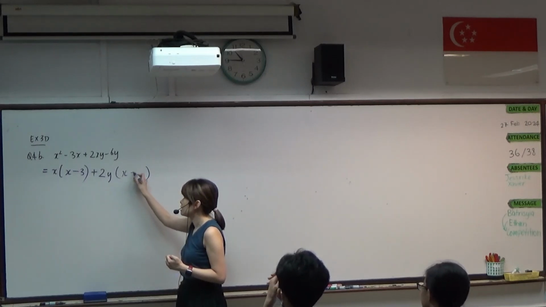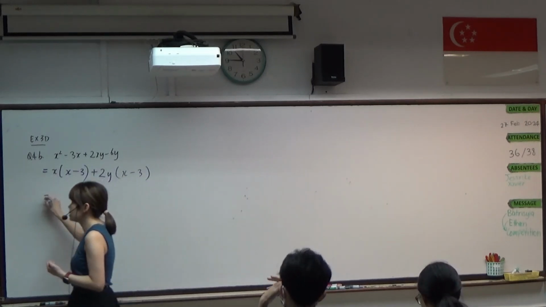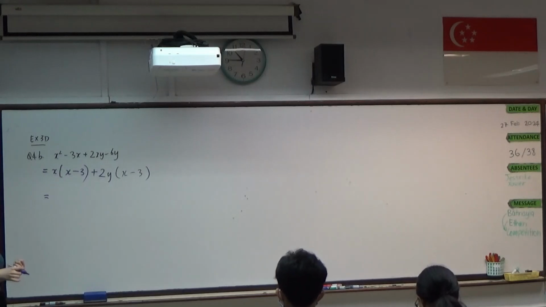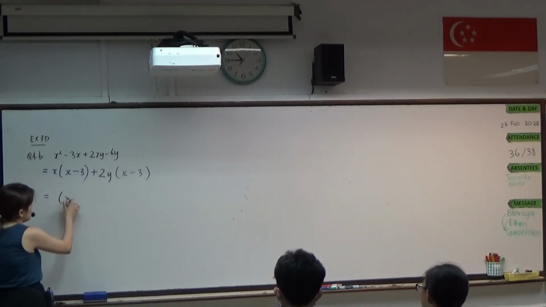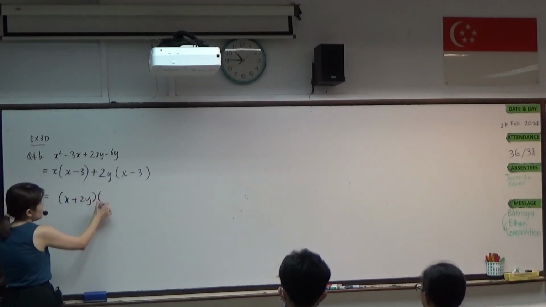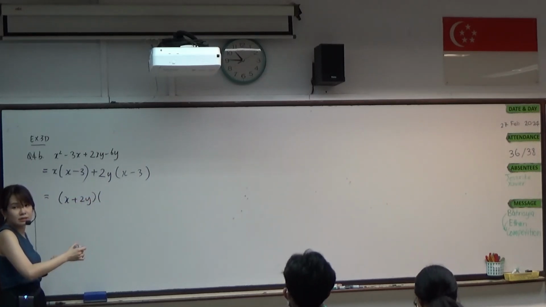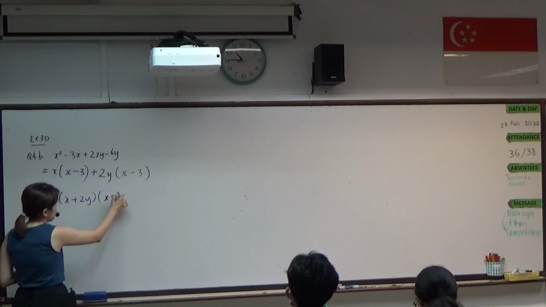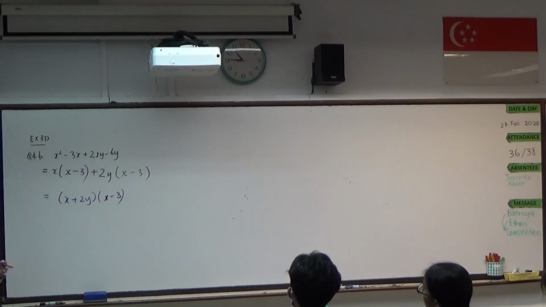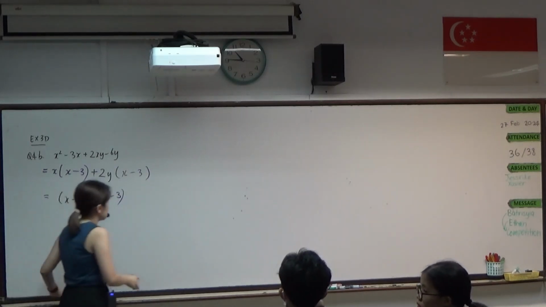X minus 3. And then followed by x minus 3. Now, better? Okay. Next, we look at 4D.